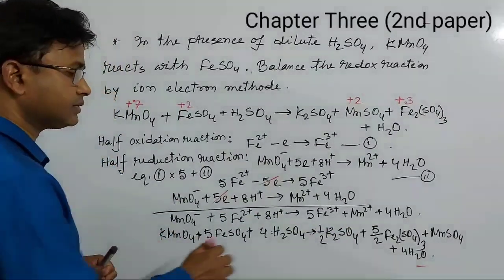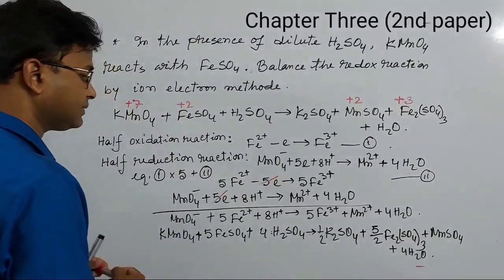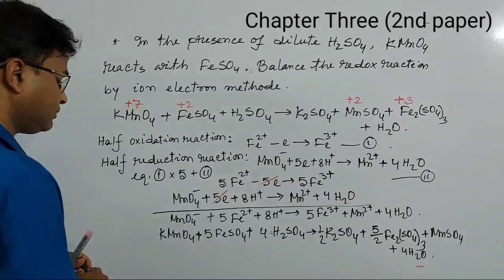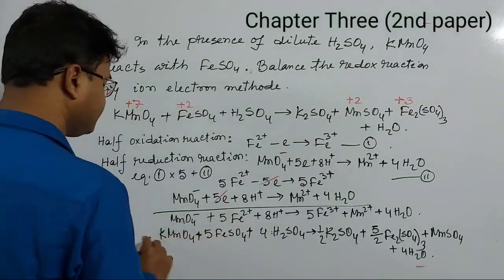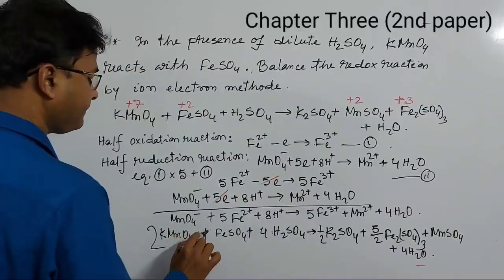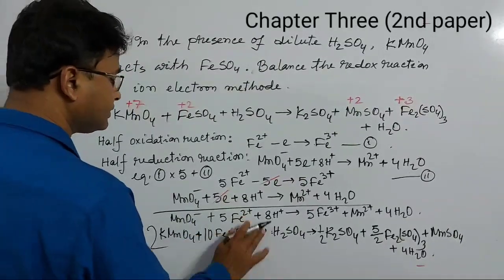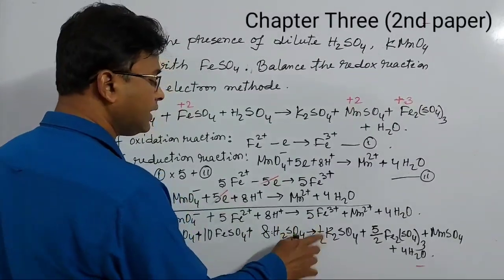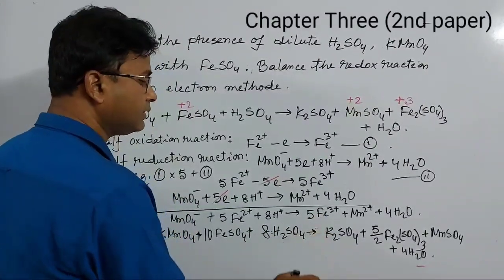In order to remove the fractions, I have to multiply both sides of the reaction by 2. 2 potassium permanganate, 10 ferrous sulfate, 8 sulfuric acid, and 2 into half is equal to 1.